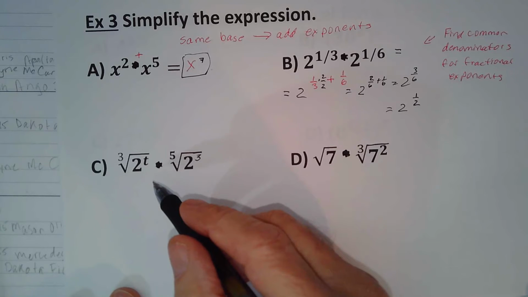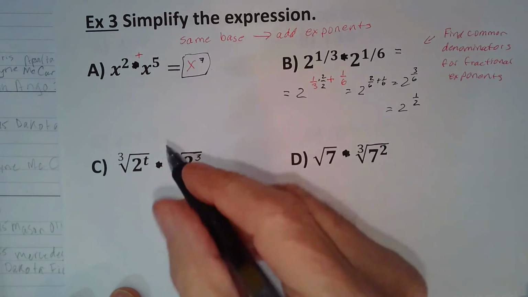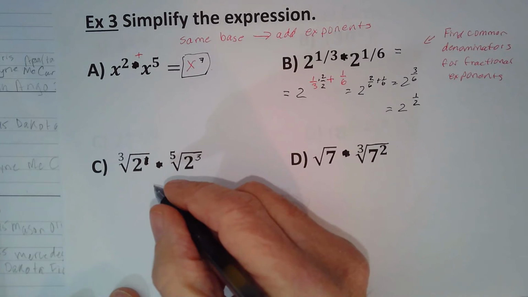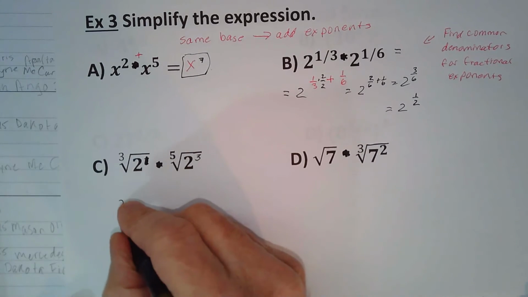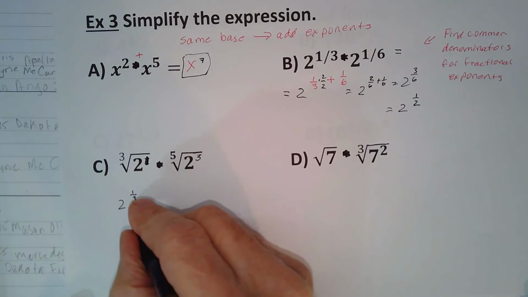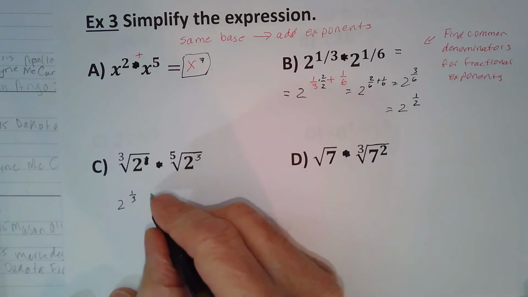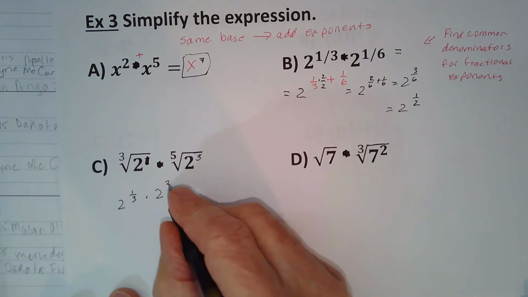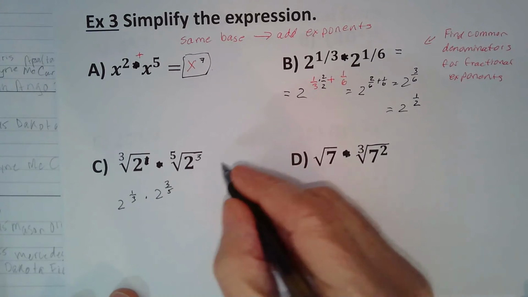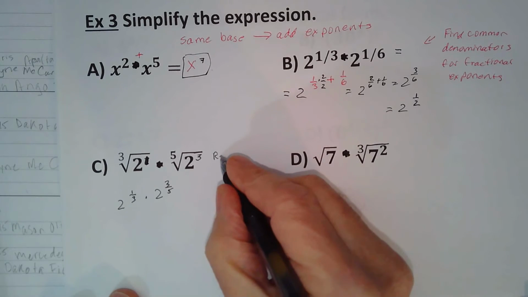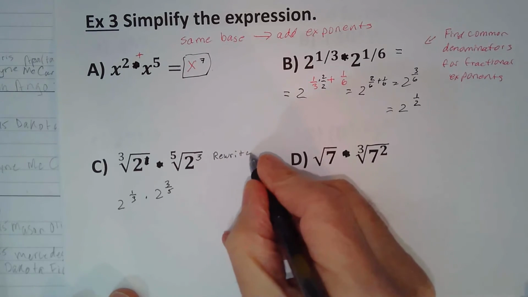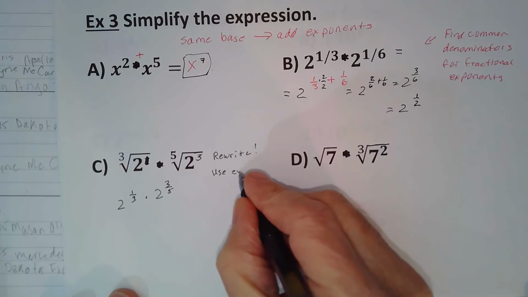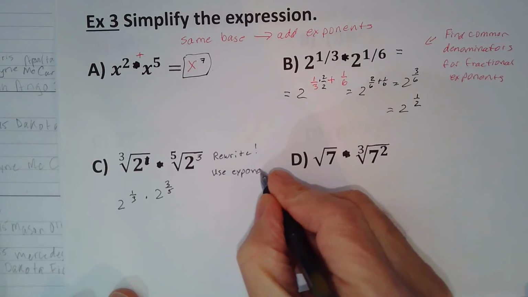All right, so now, this is 1, by the way. 2 to the 1. So I've got 2 to the 1/3 times 2 to the 3/5. So you've got to rewrite this, and you want to use exponents, which is what we're doing, fractional exponents.